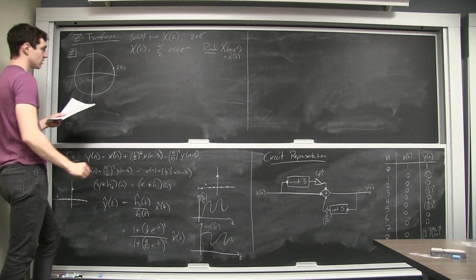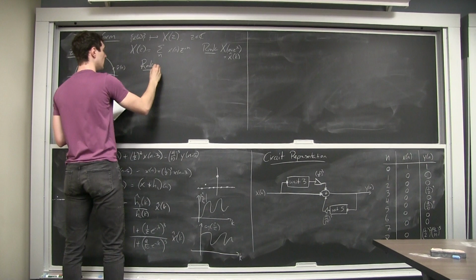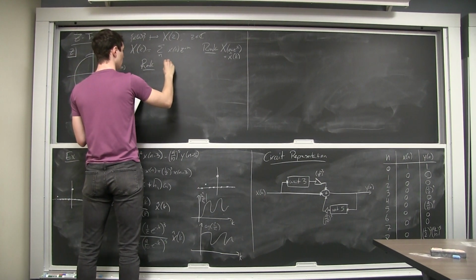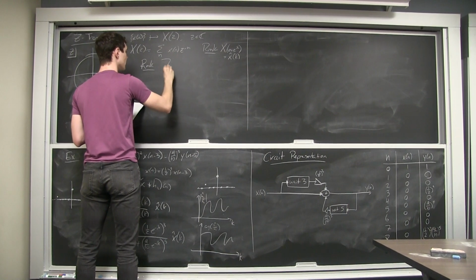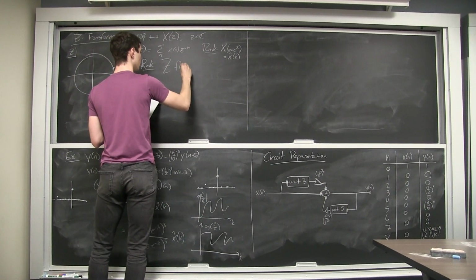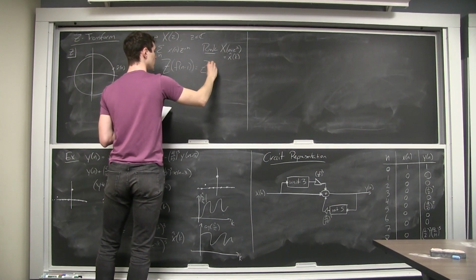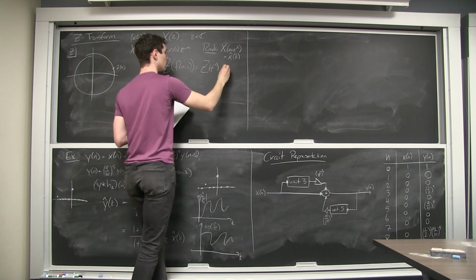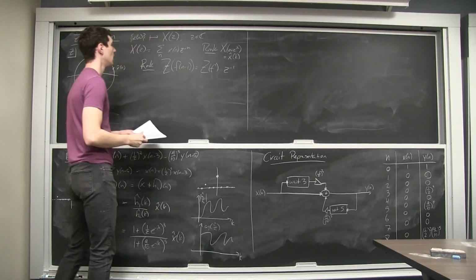Okay, and another remark is that the Z transform of some function delayed by 1 is the Z transform of that function times Z inverse.